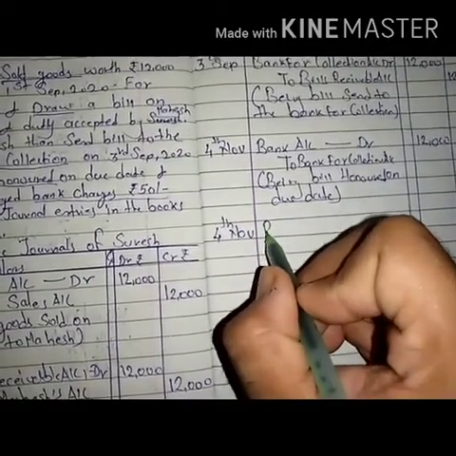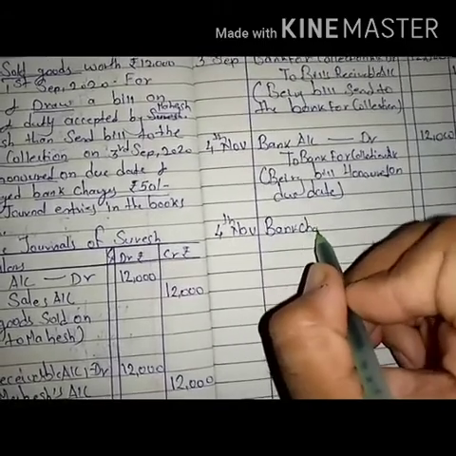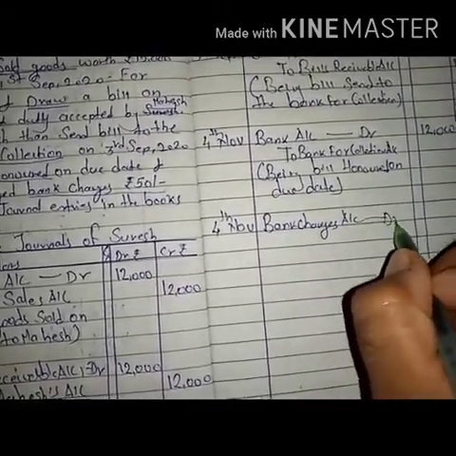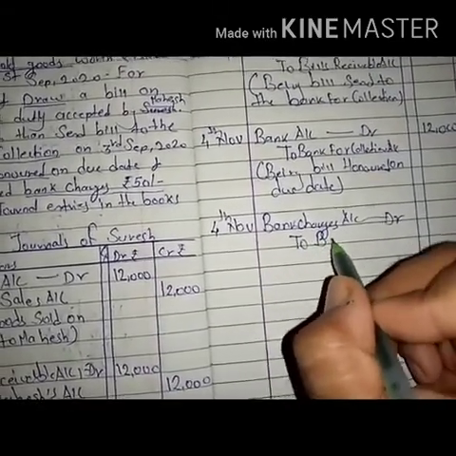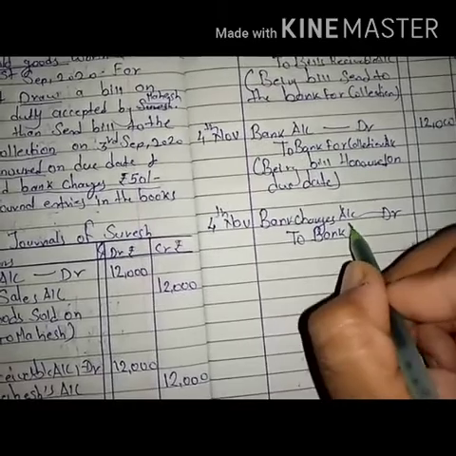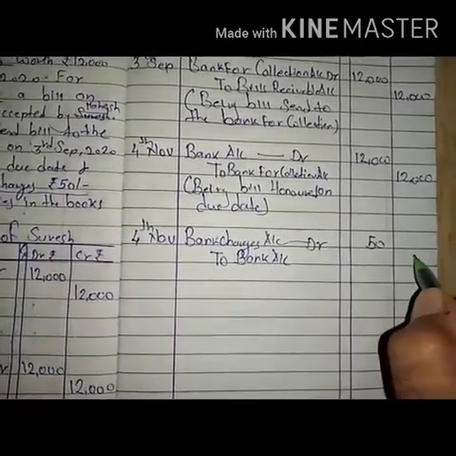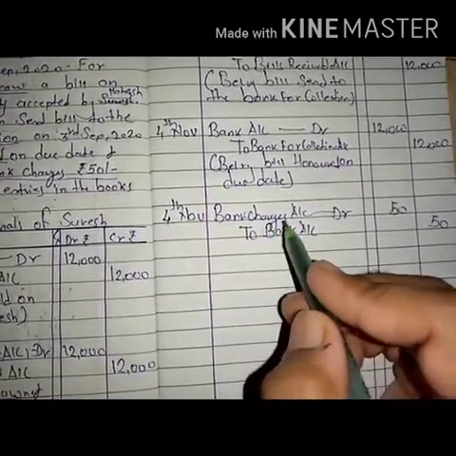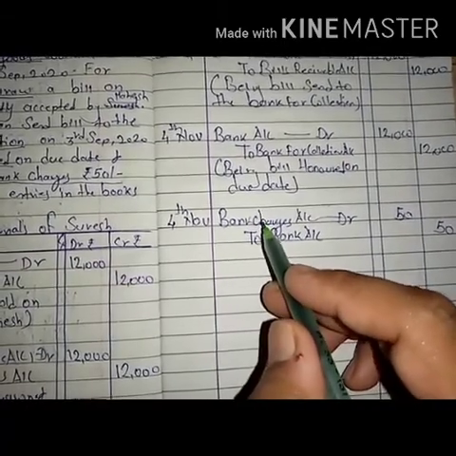So it is like this: Bank Charges Account debit to Bank Account credit, it was rupees 50. These bank charges are an expense, debited from the account, so it is a loss for us.